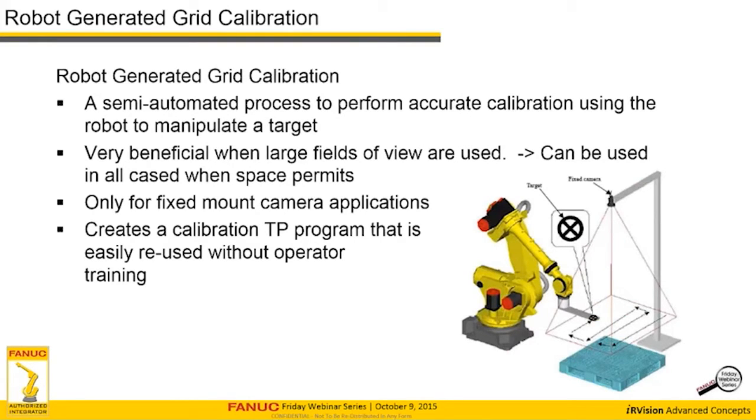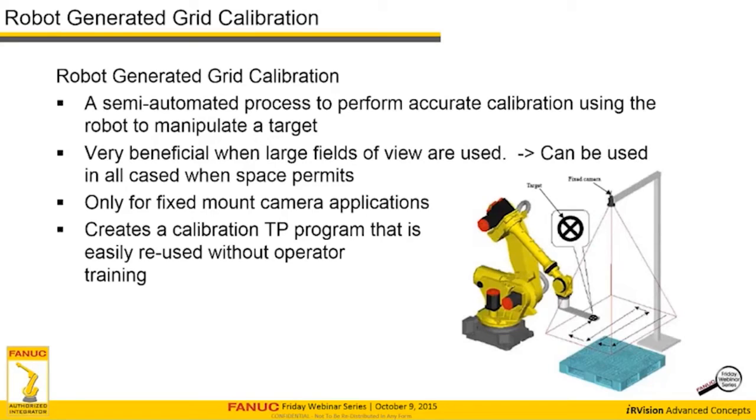If you haven't seen this before, it's very easy to use, very easy to implement. Not fully automated, but semi-automated, and it performs a very accurate calibration from start to finish using the robot to manipulate a target. It's only good for a fixed camera, but we have a lot of situations in assembly where at least one of the cameras is fixed, depending of course on the application.